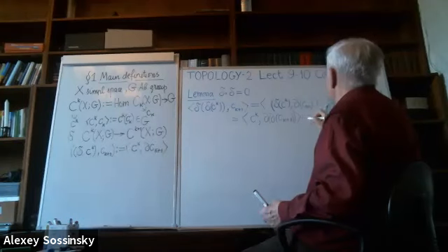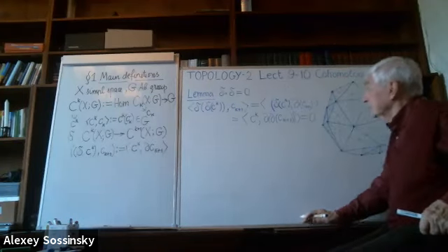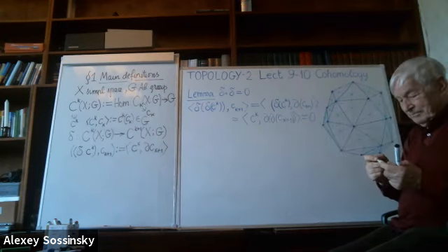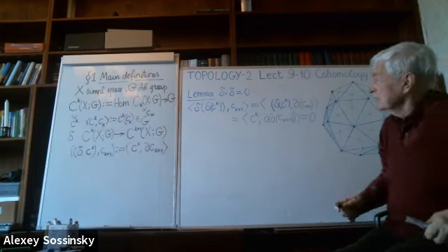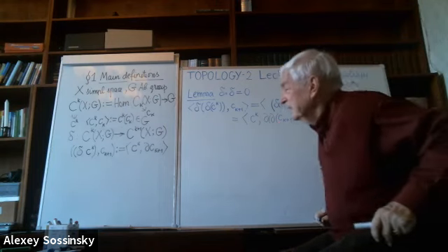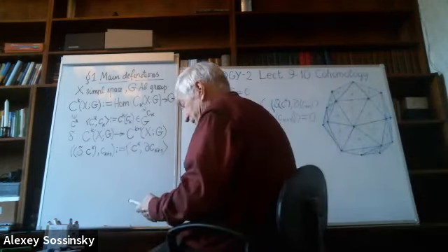And of course, this is 0 because of the standard, the usual Poincaré lemma. So the definition of the co-boundary operator is perfectly natural.